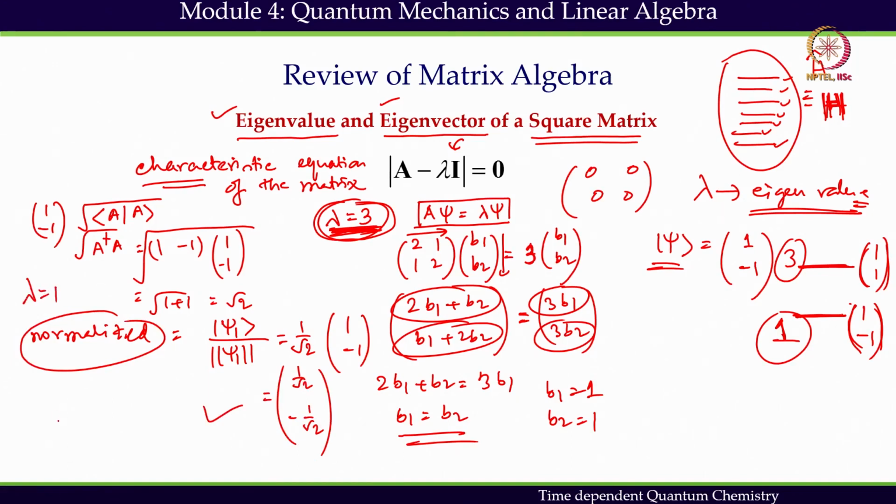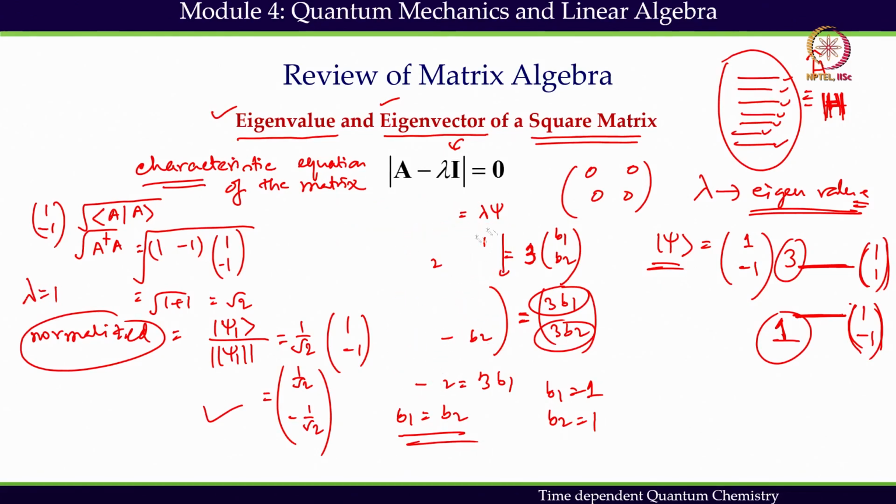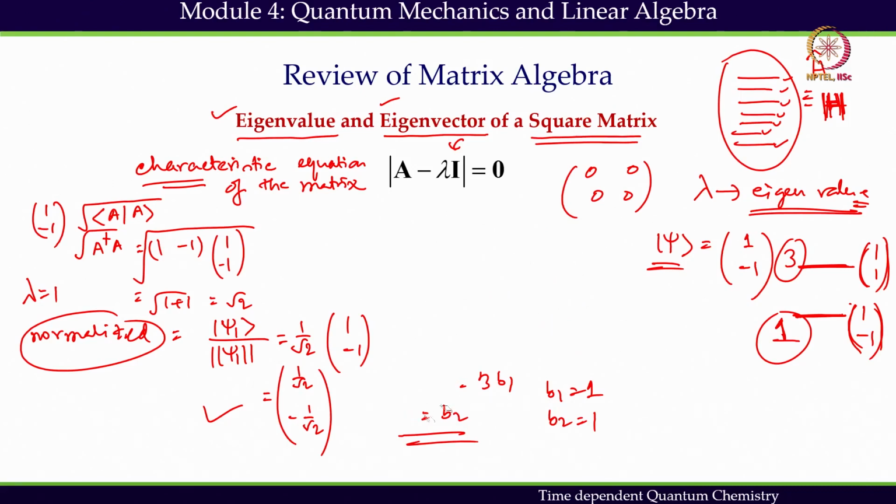Next, we will normalize the second state, and it can be normalized in the following way. We can again take the inner product, where the second state is 1 1, and we will see that the norm is again square root of 2.